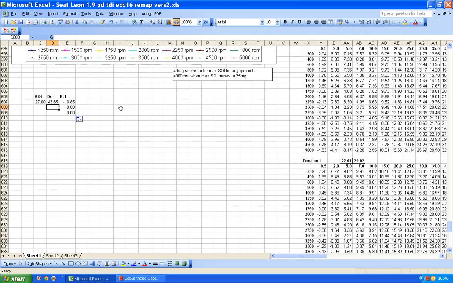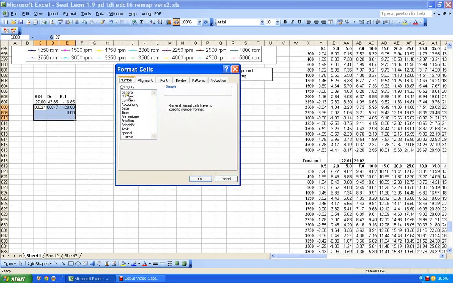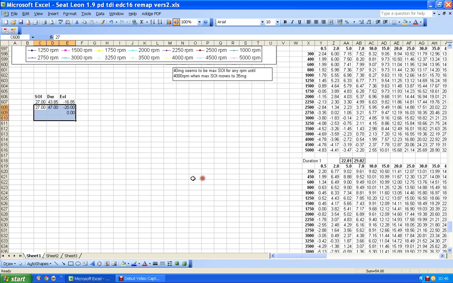I'll say I'm going to inject for 47 degrees because I want more fuel. But then I leave the start of injection in the same place as before. And sorry about the way the numbers have gone silly on me. Let's just format those. Number, 2 decimal places, that will do.